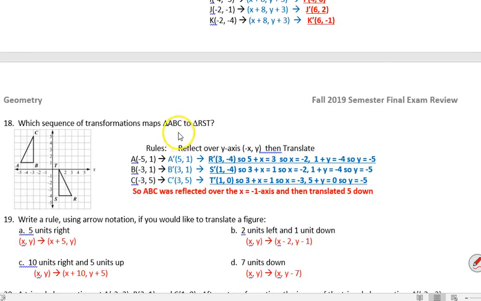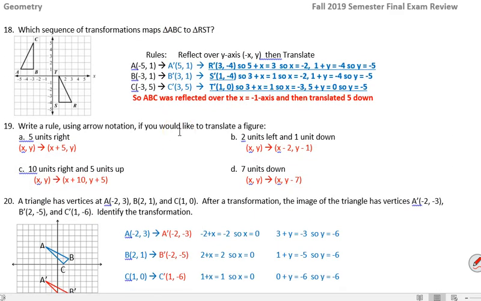Number 18 says which sequence of transformations map ABC to RST? So we got to look letter to letter here. So A to R, B to S, C to T. I notice immediately that if we're talking about A to R, A's here and R's out here, so it's got to be a reflection somewhere in this thing.